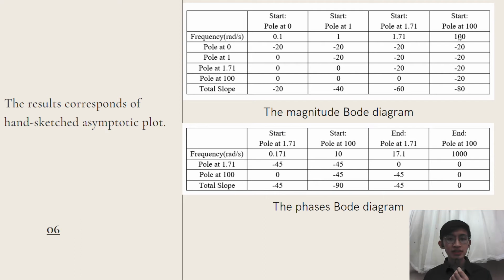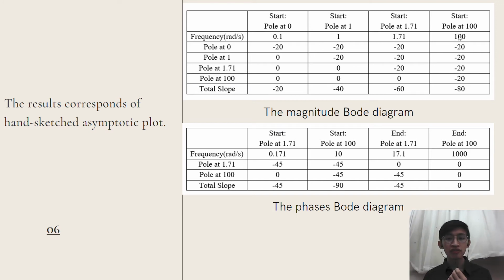At the frequency of 0.1, there is a pole at 0 with negative 20 dB, so the total slope is negative 20 dB. At the frequency of 1, there is negative 20 dB at the poles at 0 and 1, so the total slope is negative 40 dB.